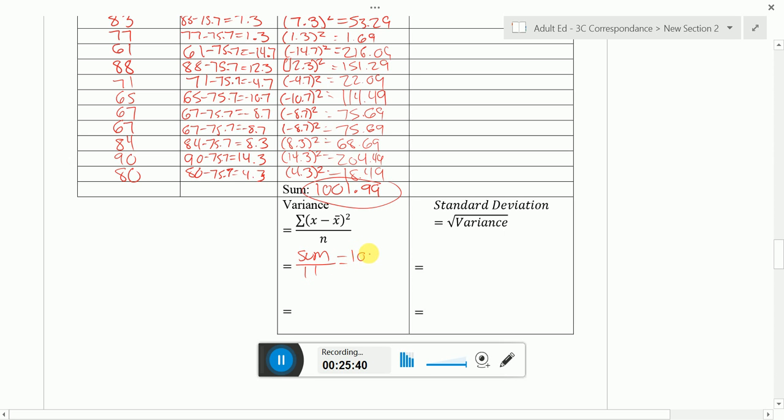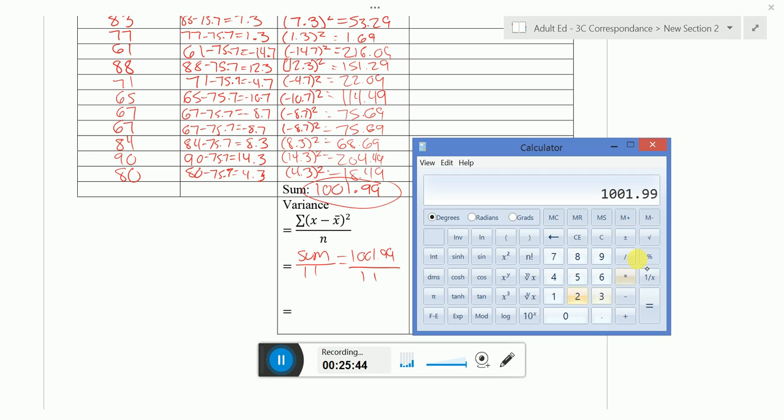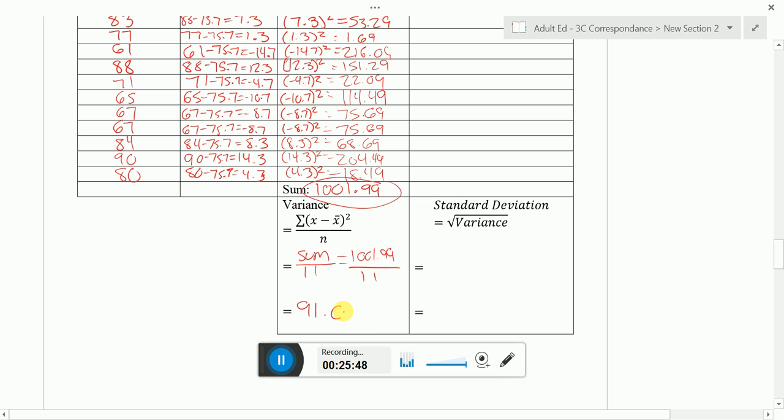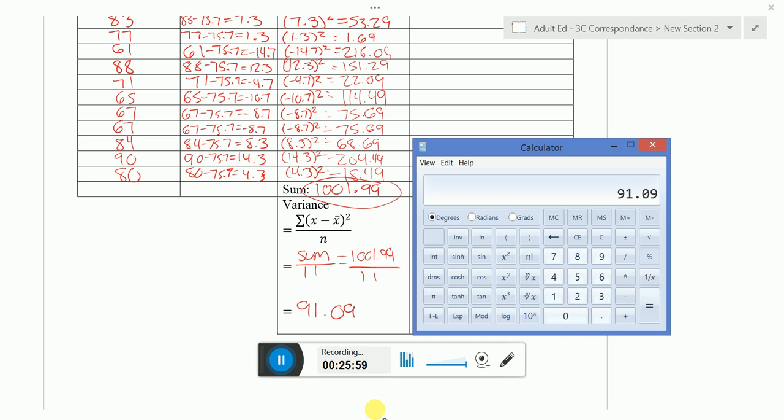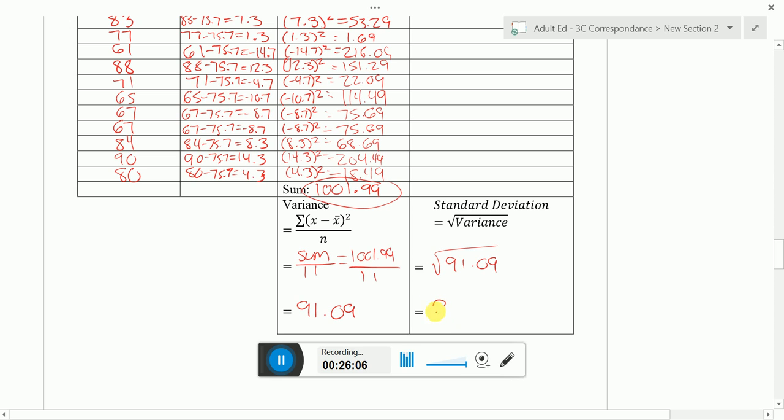So that's 1001.99 divided by 11, which gives us 91.09. And then we find the standard deviation. We take that variance and we square root it. So the square root of 91.09 gives us about 9.5.